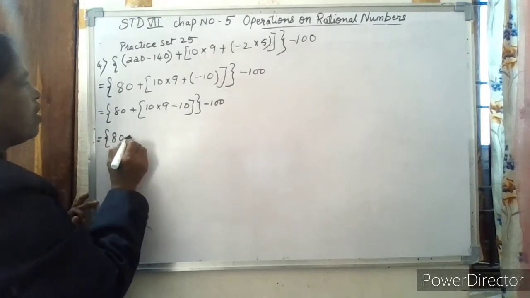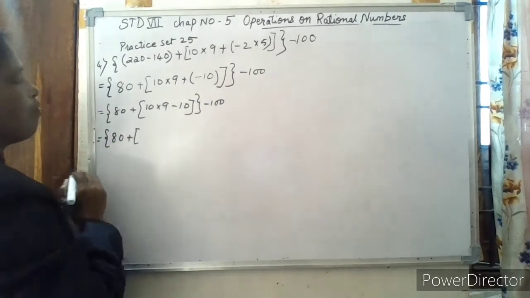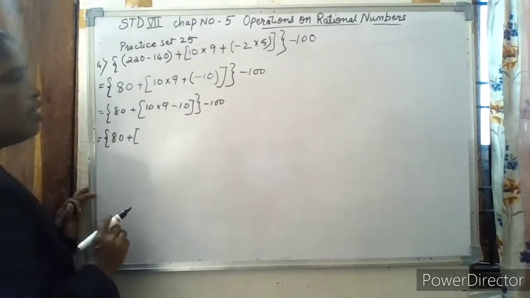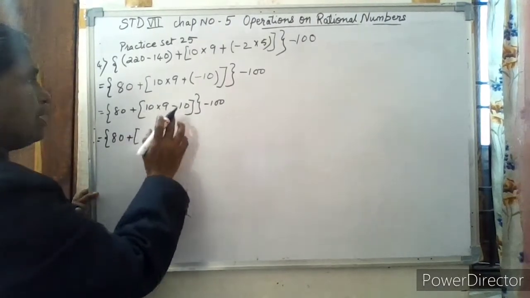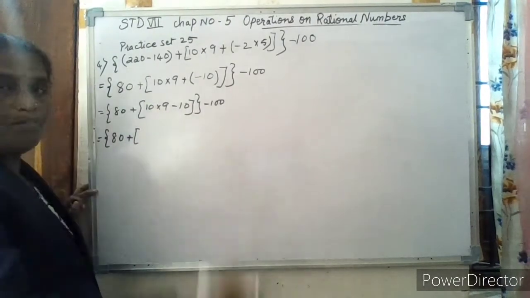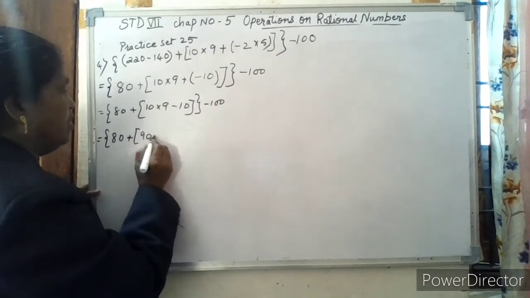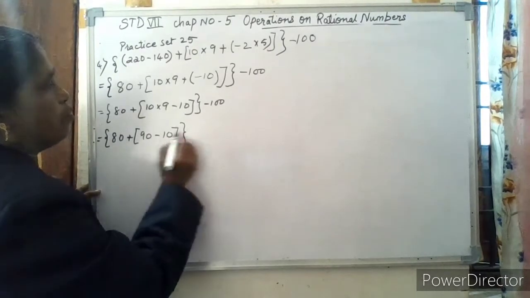Here there are two operations in the square bracket. So we will write them one by one, solve it and then we can finally remove the square bracket. So 10 9s are 90. Multiplication and subtraction are given, so multiplication should be done first. 10 9s are 90. 90 minus 10. Close the brace bracket, minus 100.